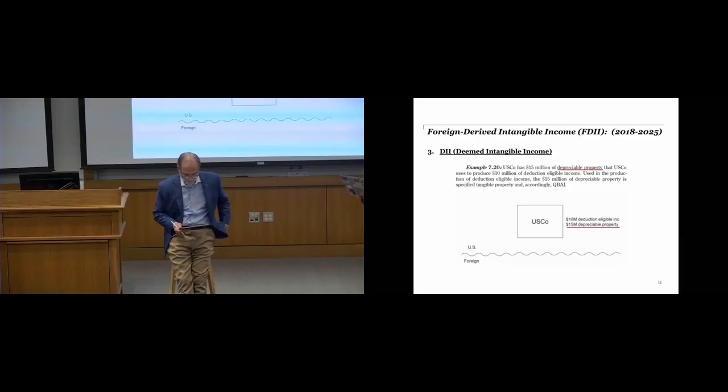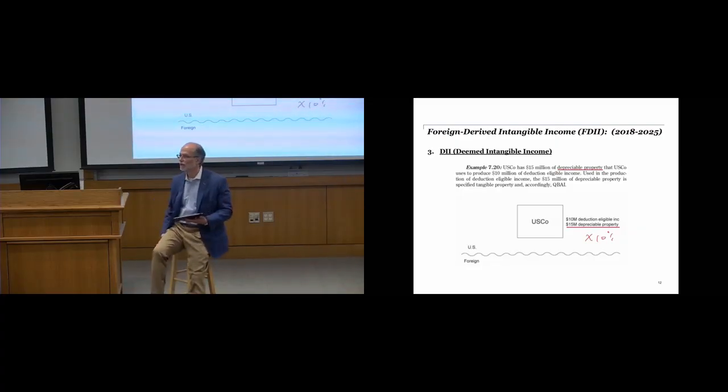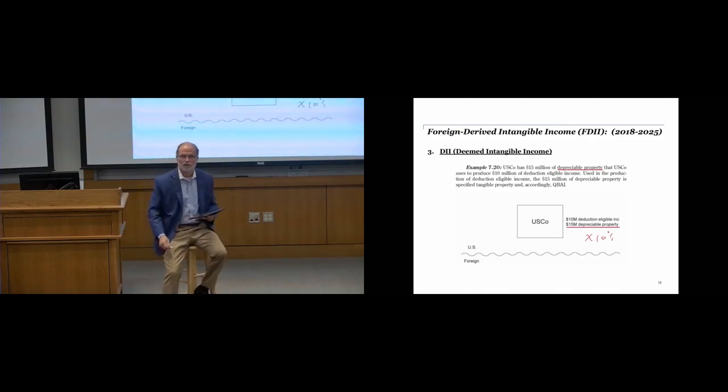Because this is used in the production of deduction eligible income, the $15 million worth of depreciable property is specified tangible property, and accordingly it's qualified business asset. So then I would take that times 10% and reduce my deduction eligible income for that to get a proxy for what my intangible income is, which is lowering my benefit and oddly incentivizing me to put my next batch of tangible assets outside the United States.